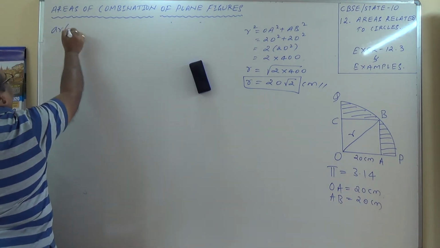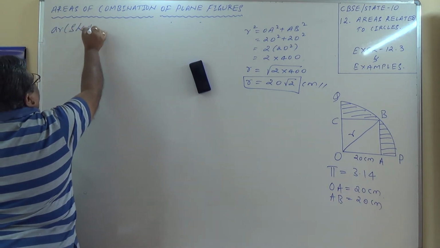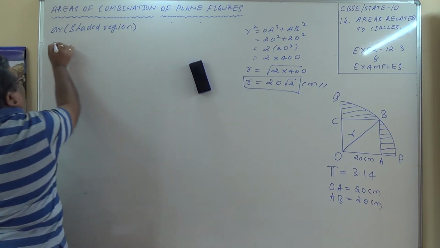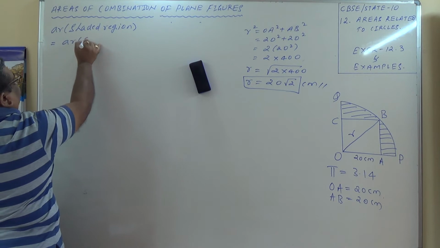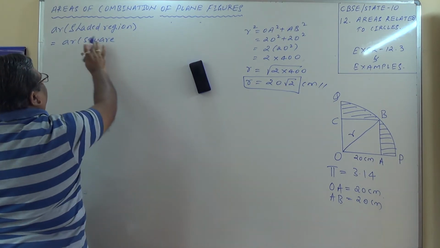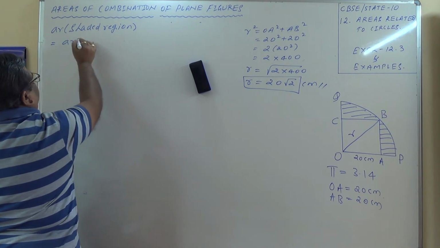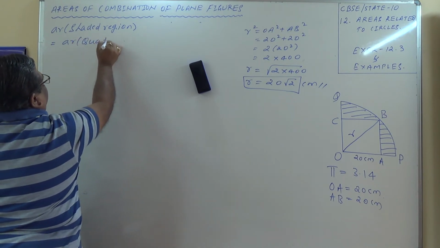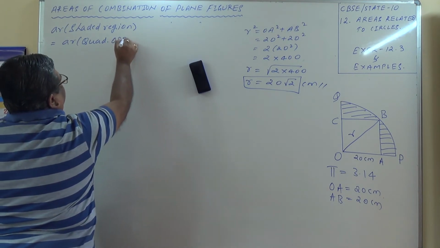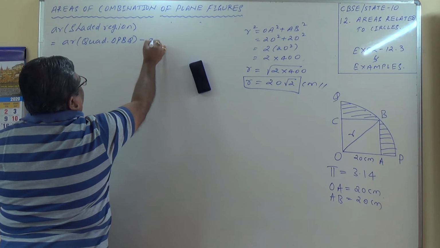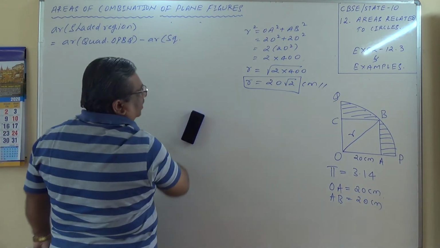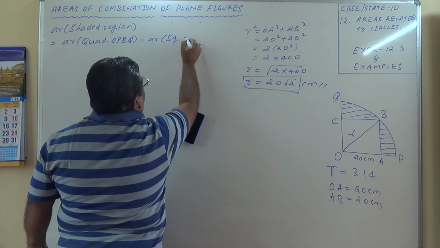So area of shaded region is equal to area of the quadrant OPBQ minus area of the square, that is OABC.